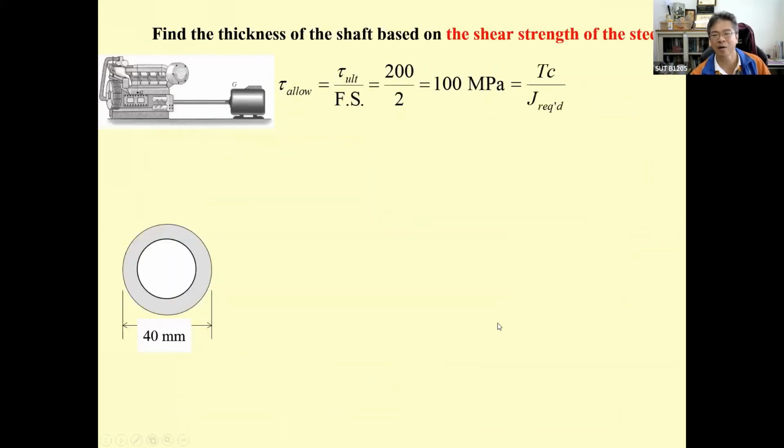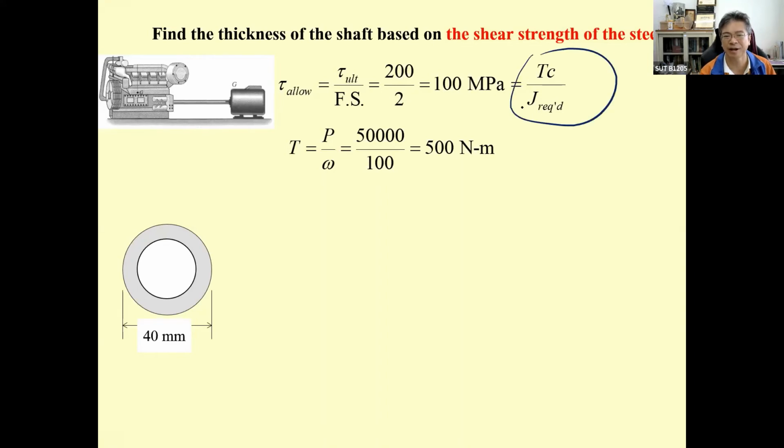So the tau allowable is going to be 100 megapascal, and the tau allowable will follow this equation, and T can be determined from the power divided by angular velocity, that is 500 Newton meter.